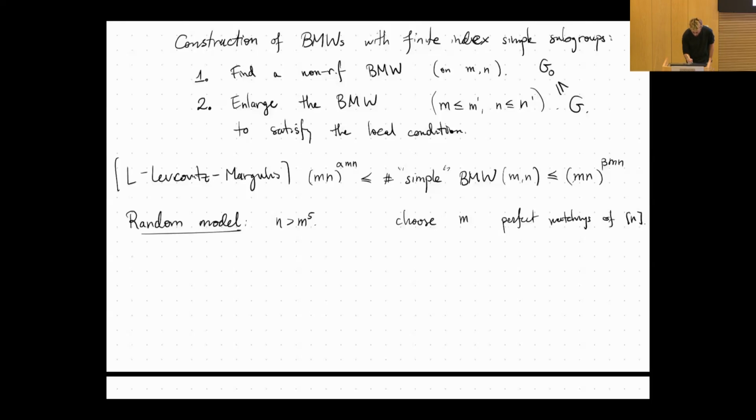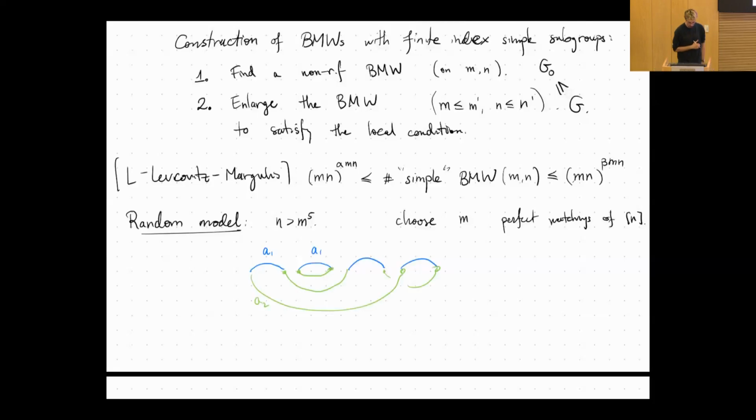Okay, so let me maybe give them names. I forgot which was A, was M. So maybe this will be A1. So one matching, at random. And then here is another matching, A2, etc., up to AM.